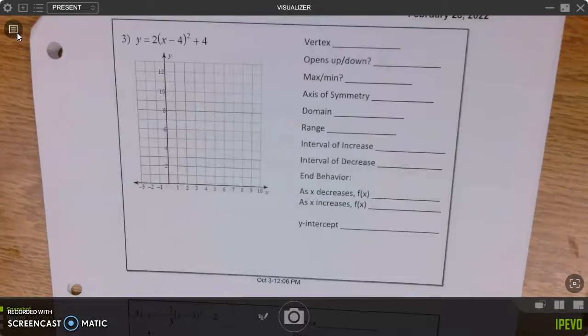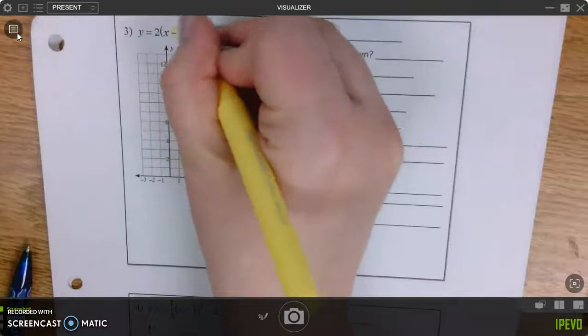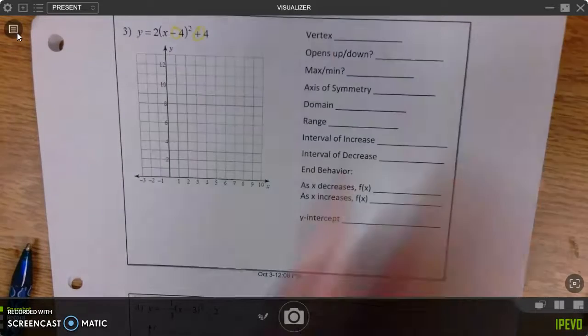So on this one, it's in vertex form, and that's nice because it gives you the vertex. So our vertex here, remember there is a negative built in there and a positive here. So your vertex is just (4, 4).